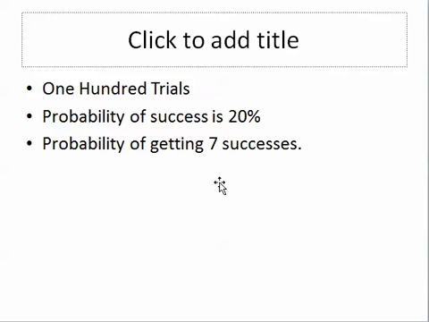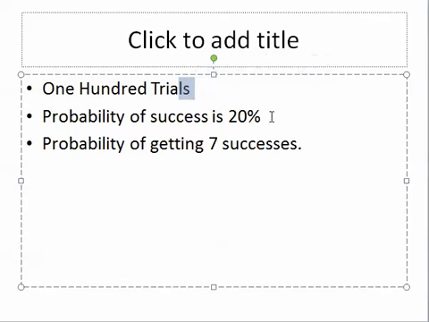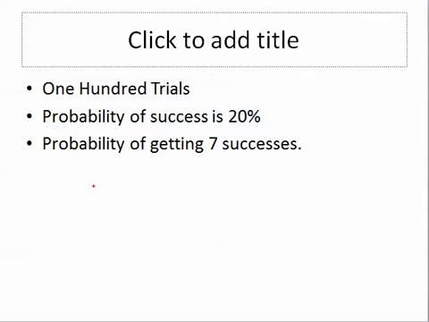One of the things we're going to be looking at here is if we have 100 trials of a particular thing and there's a 20% success on any one flip of whatever we're doing, what's the probability of getting 7 successes in a row? Well, we have to write that in this format.